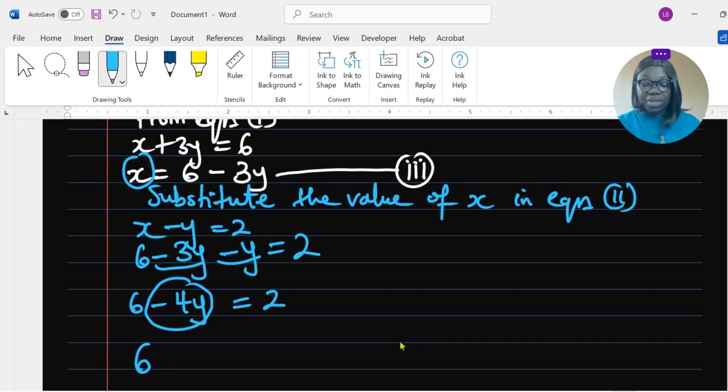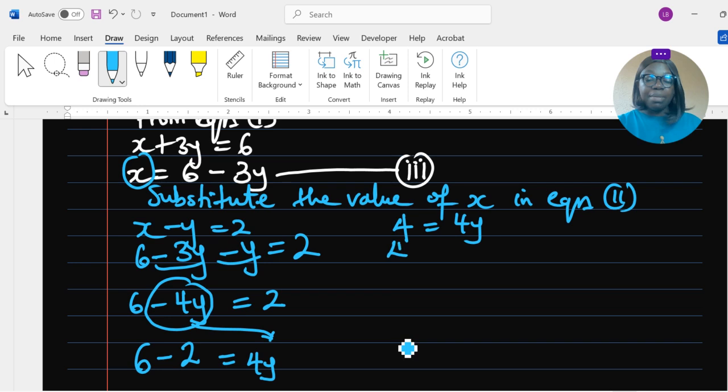When it comes to the left side of the equal sign, it becomes minus 2 equals, minus 4y comes to this side, it becomes plus 4y. It is because I want it to be positive. That is why I had to do it like that. So now that we have 6 minus 2, which is 4, equals 4y, it is the same as writing 4y is equal to 4.